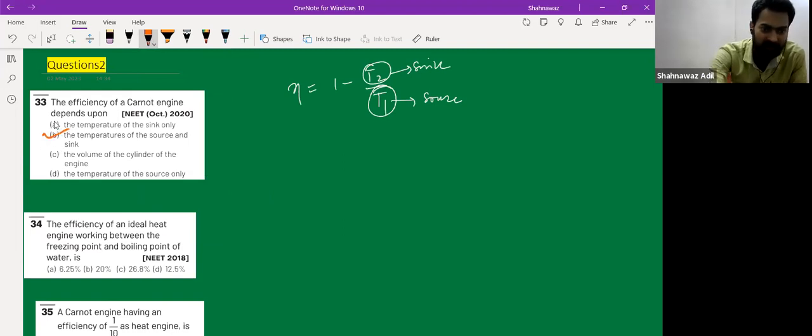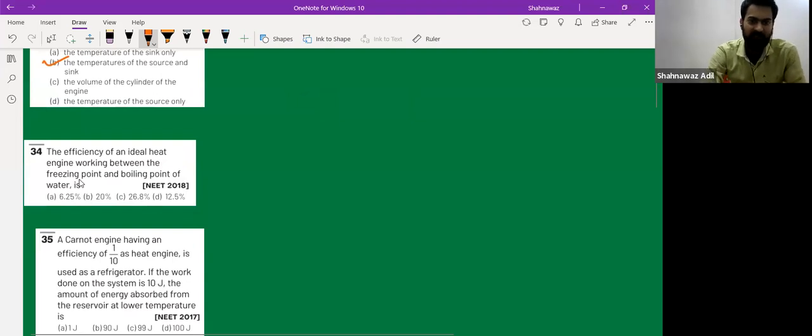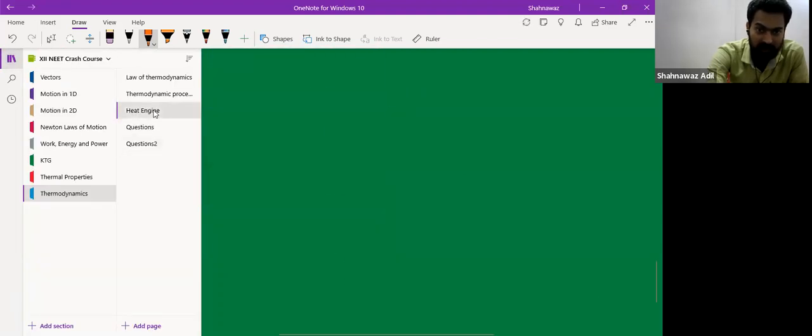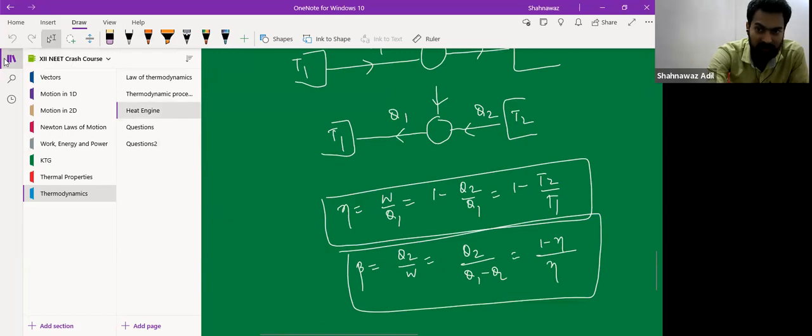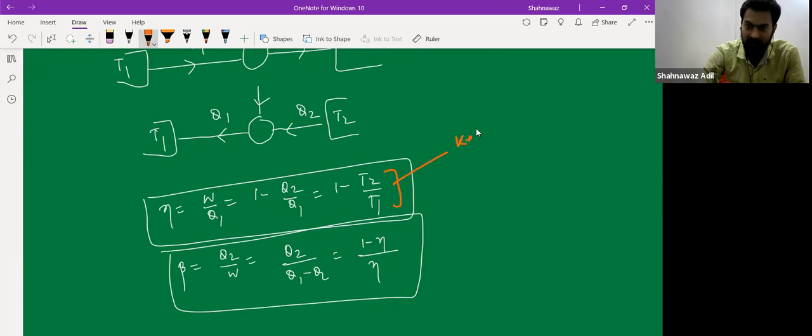Now this second question. The efficiency of an ideal heat engine working between the freezing point and the boiling point of water is. Before I move further, I forgot to mention a very crucial point: this temperature is in Kelvin.